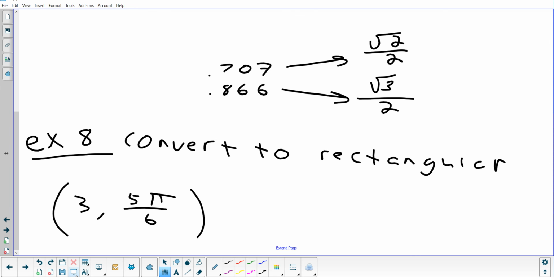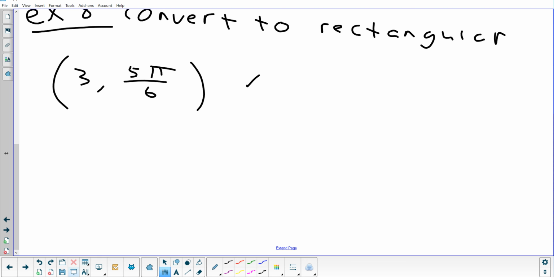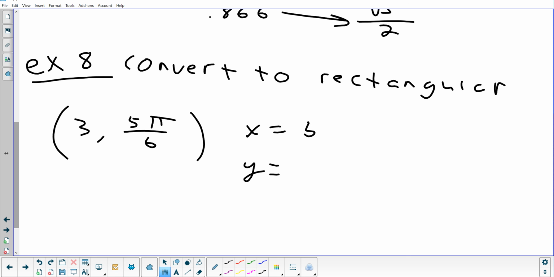So let's try this and see what happens. What's my formula for x? What times what? Yep, r cosine theta. No reason to change that to degrees. I would just leave it.